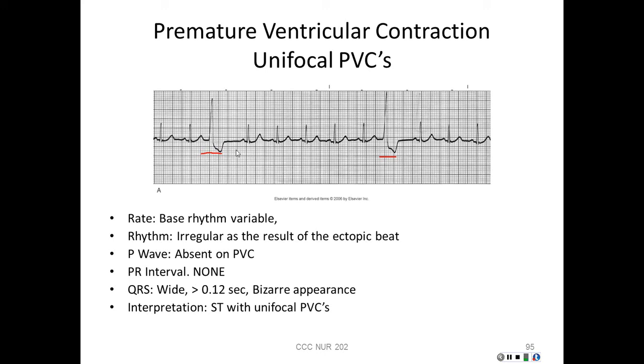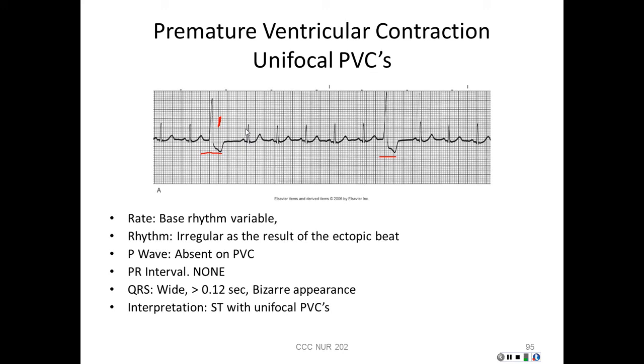They fall early in the cardiac cycle, so you would have expected the next beat to have fallen right about here. Instead, you've got this beat coming early. You have what's called a compensatory pause afterwards, so this beat doesn't just come in like it would.